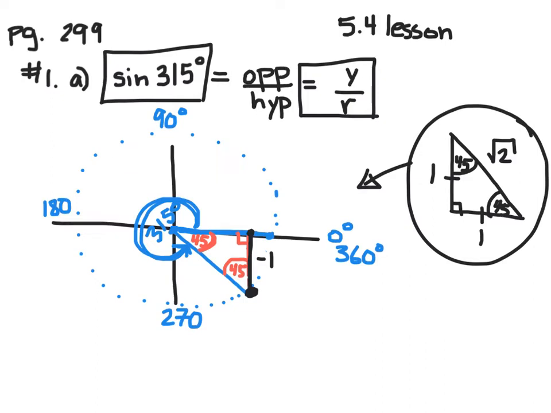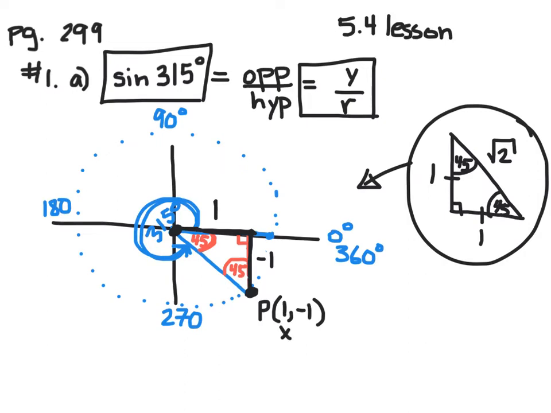And this over here, the x value from here to here, that would be positive 1, because that's to the right. This is the origin. This is to the right by 1. So this point right here on the terminal arm would be 1 for x and negative 1 for y.